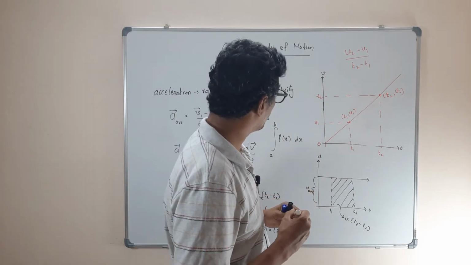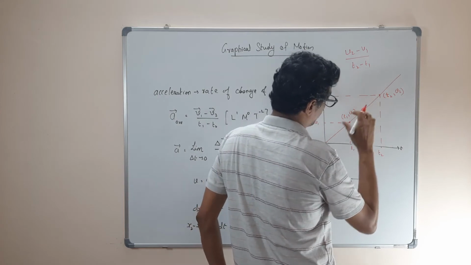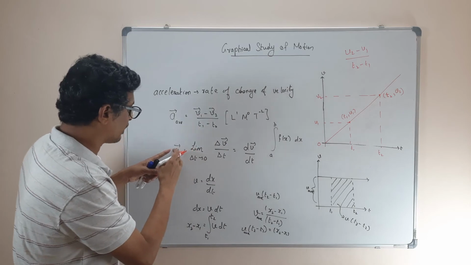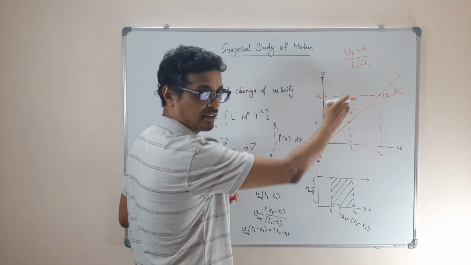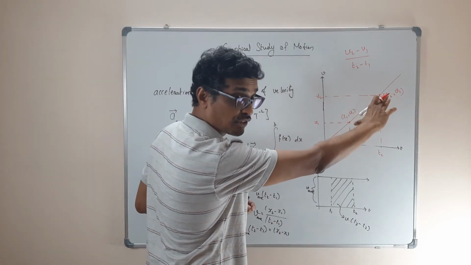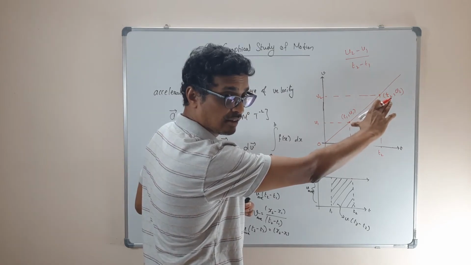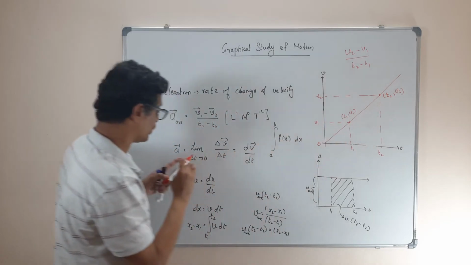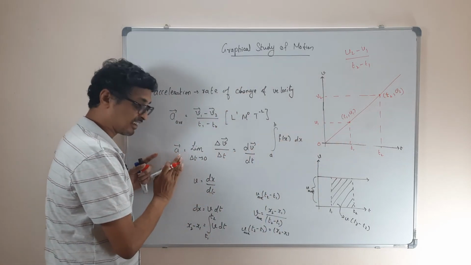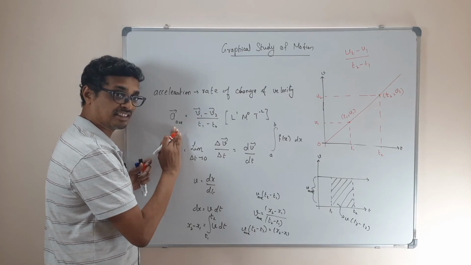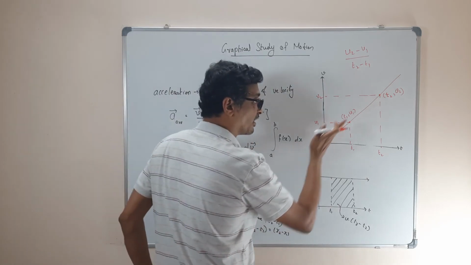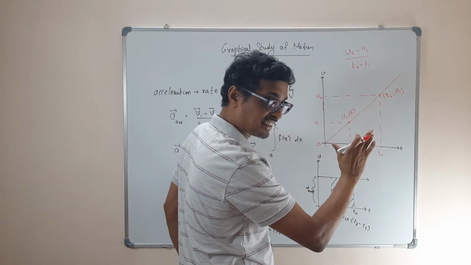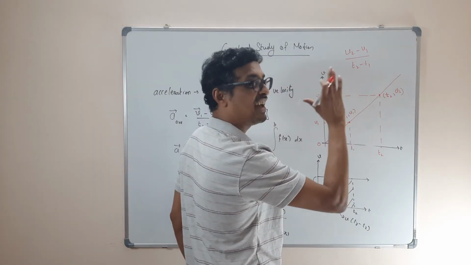And again, you can take out a point where the instantaneous acceleration is also the same as the average acceleration, not velocity, average acceleration. There are two quantities, right? Instantaneous acceleration and average acceleration. For a uniform acceleration, which is a straight line, your instantaneous acceleration is the same as the average acceleration.